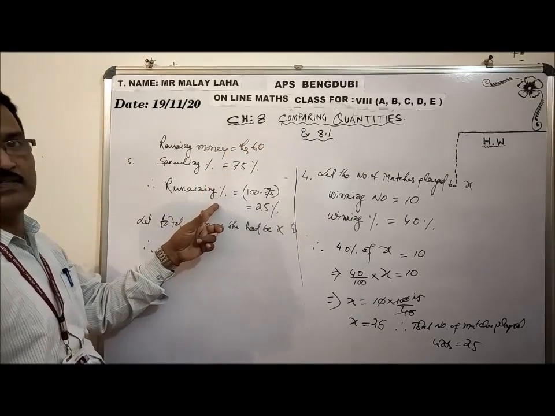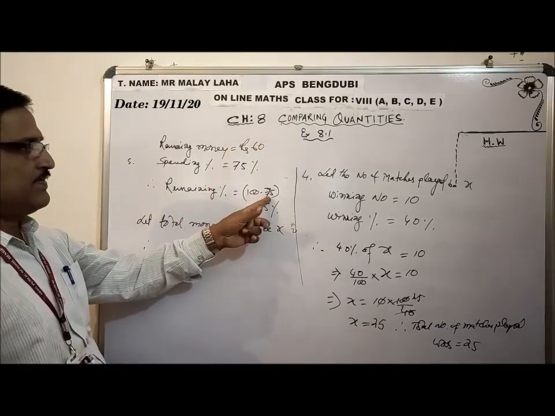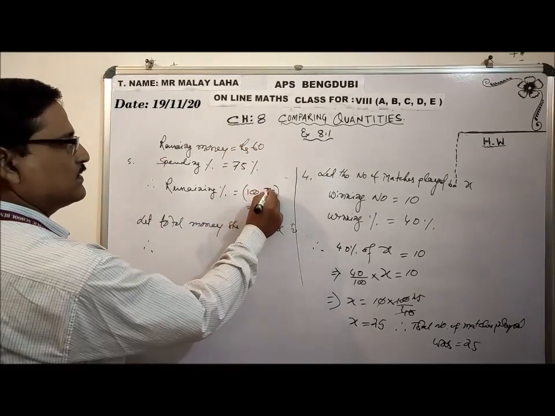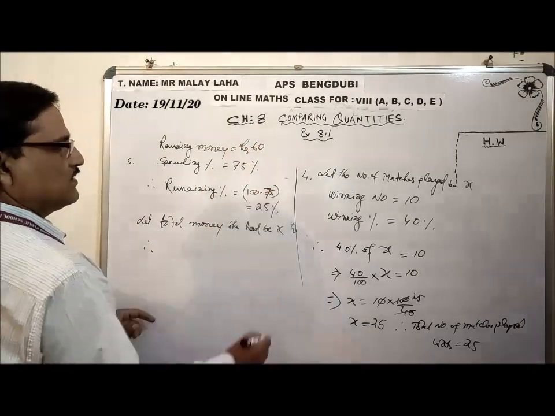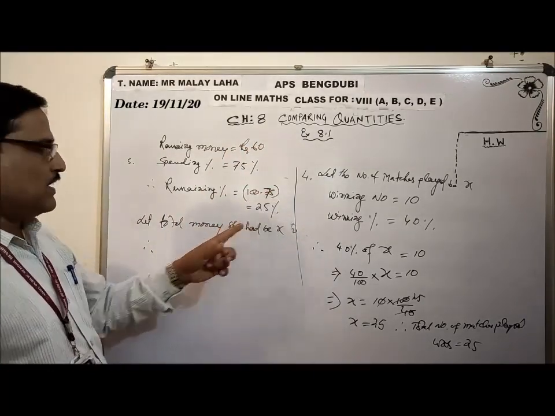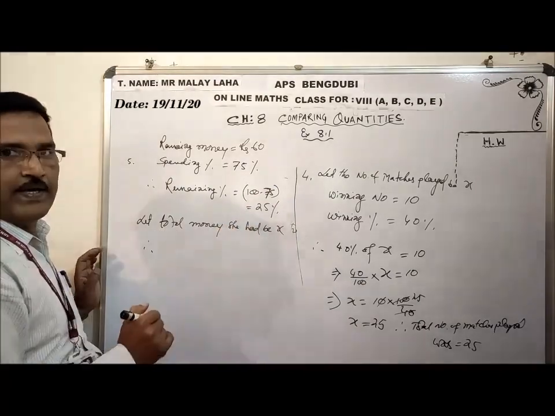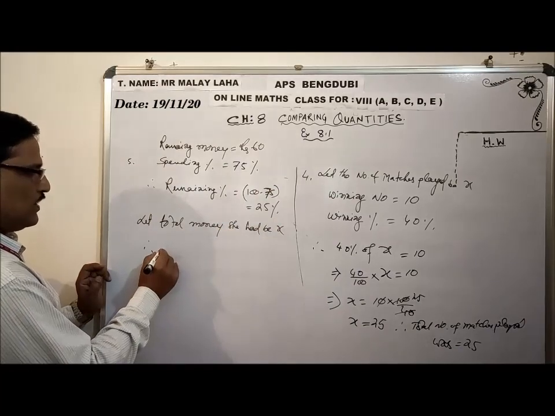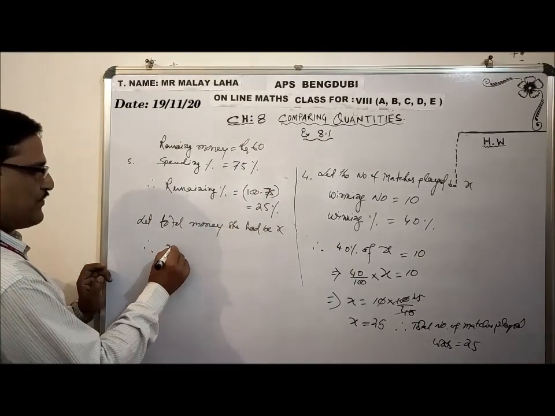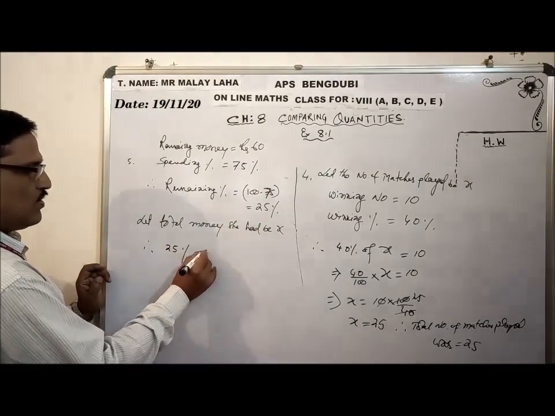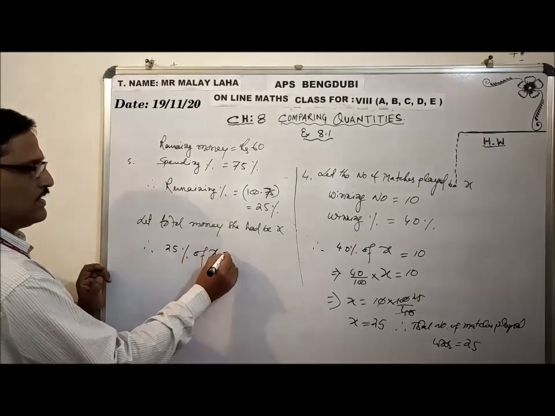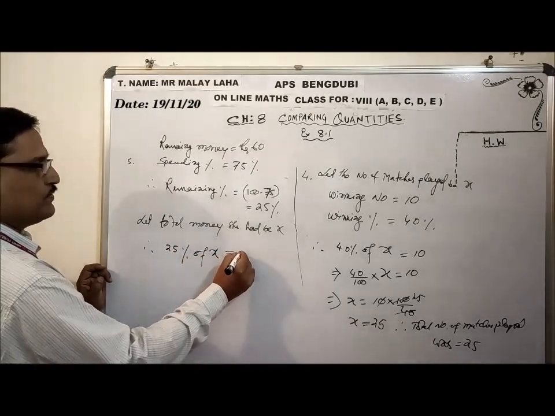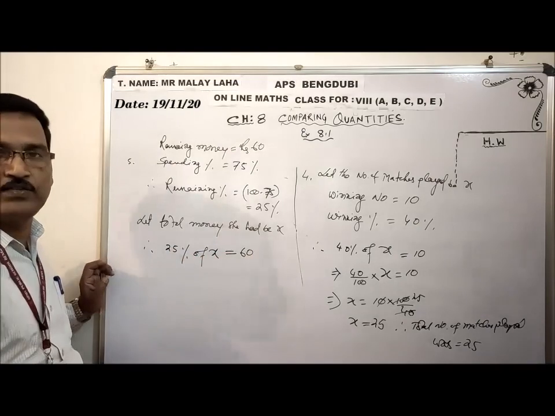What is the remaining percentage? 100 minus 75, so 25%. Now we take the total money she had as X. Therefore, 25% of the total money X is equivalent to 60 rupees. Understood or not?